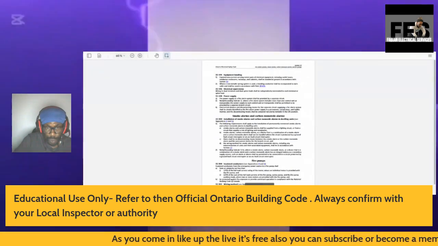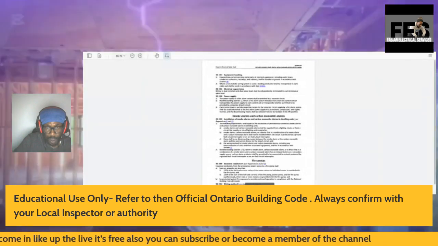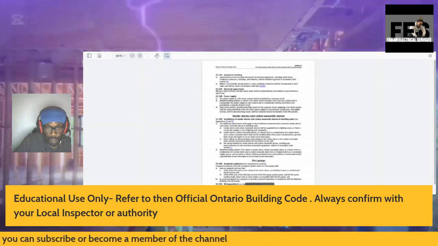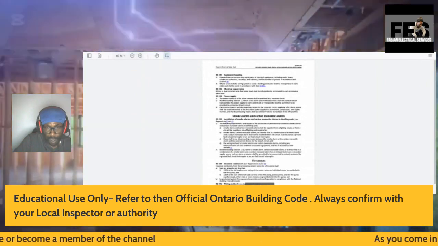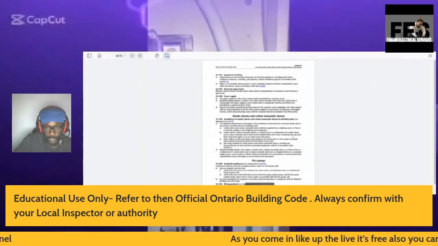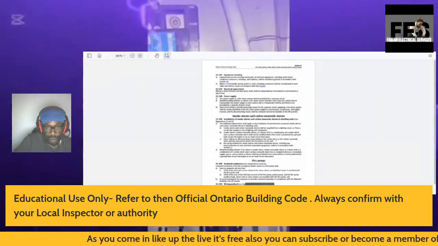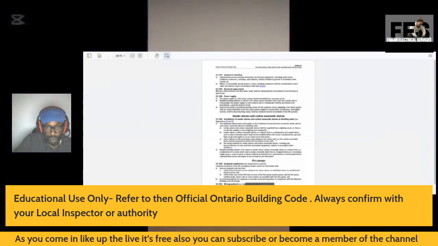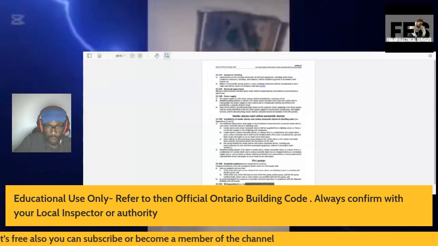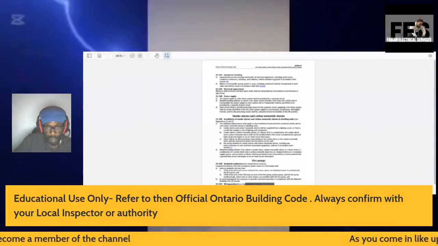So smoke alarms, carbon monoxide alarms, or a device that is a combination of a smoke alarm and a carbon monoxide alarm shall not be installed where the circuit is protected by a ground fault circuit interrupter or an arc fault circuit interrupter. A GFI is basically your ground fault, and an arc fault circuit interrupter is the actual arc fault breaker.